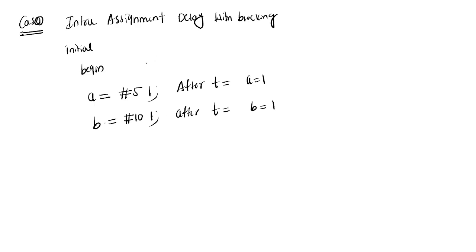Can anyone say? After 5 time units A equal to 1. No, here it is blocking. So for blocking intra assignment delay, B becomes 1 at 15.